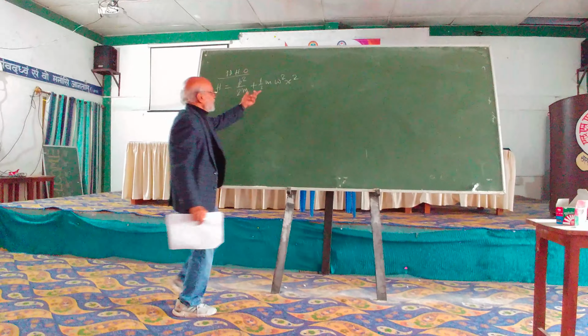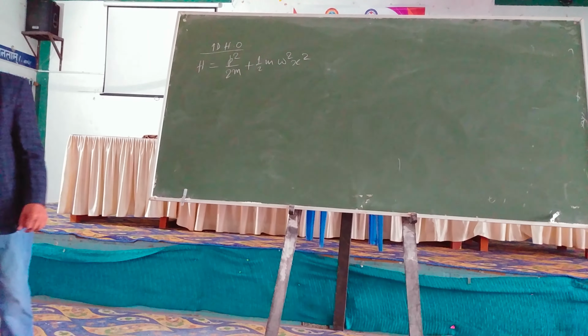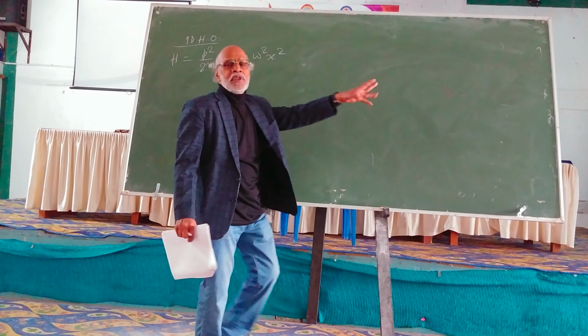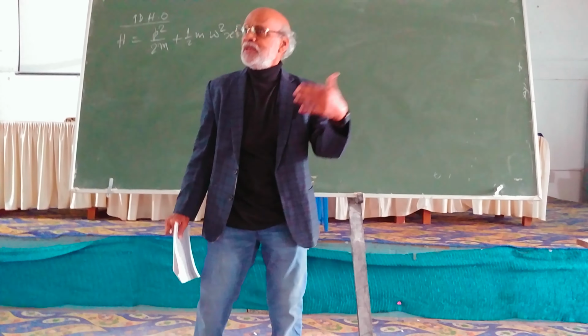K I have replaced by m omega square for some reasons of convenience, okay? Because one can identify m with the so-called mass of the particle, and omega one can identify with the frequency, and so on.